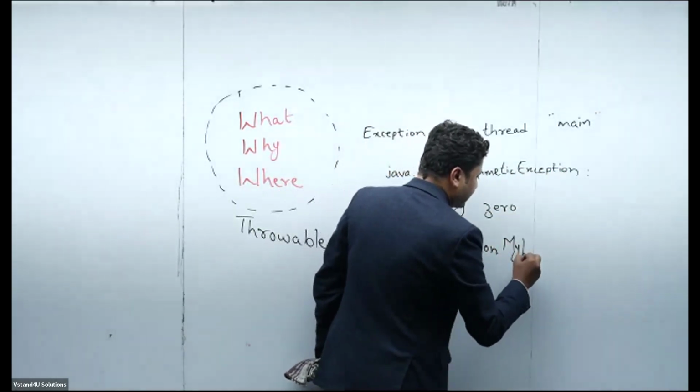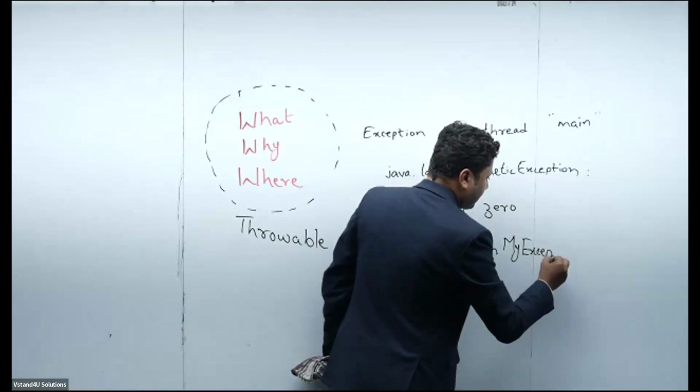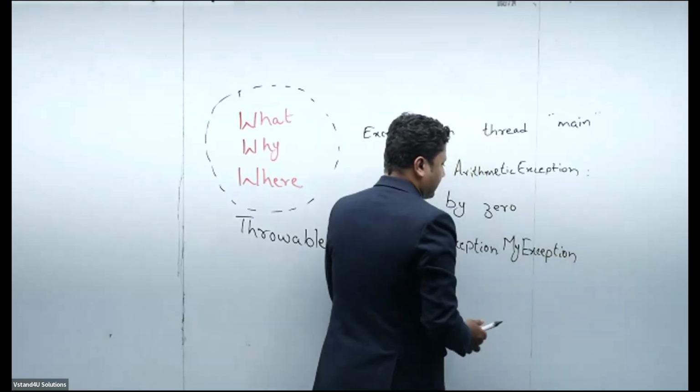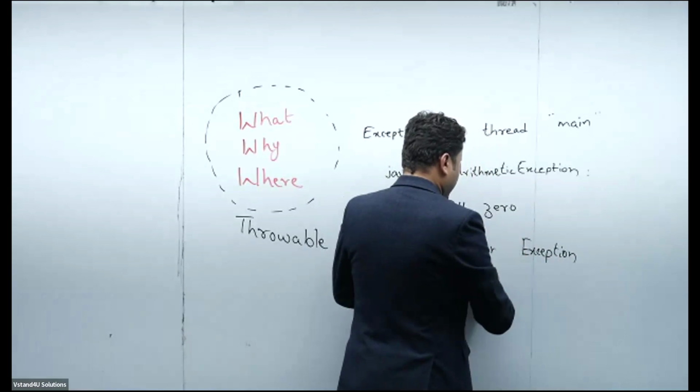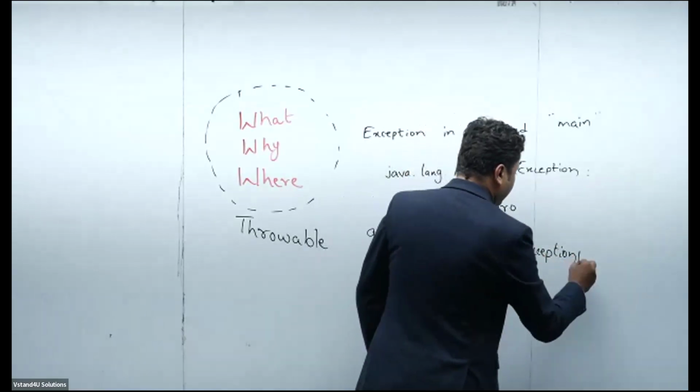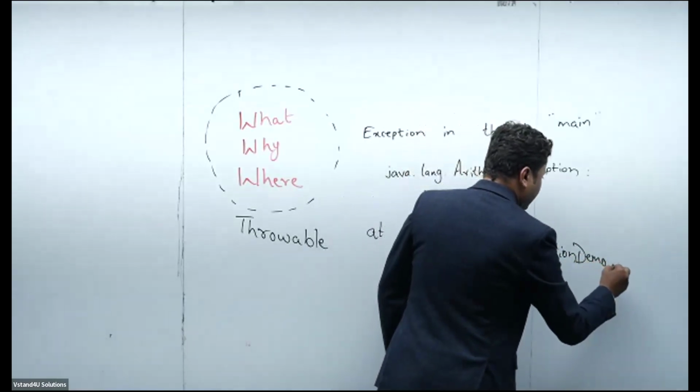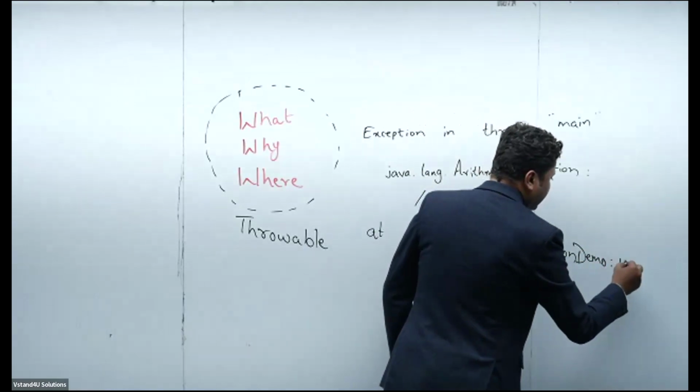Suppose I am creating my own exception demo class, say ExceptionDemo is the class, and some line number, say 13, is the line number.